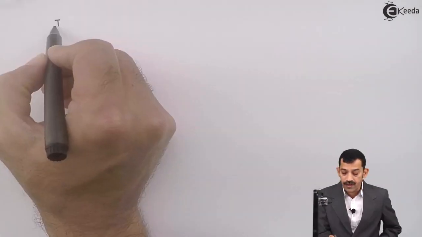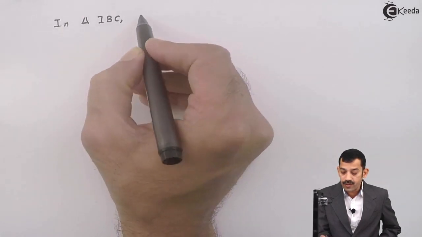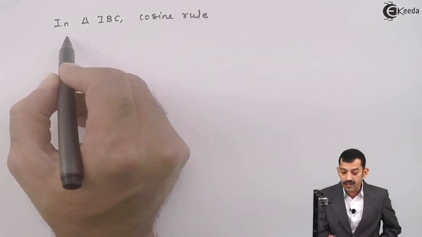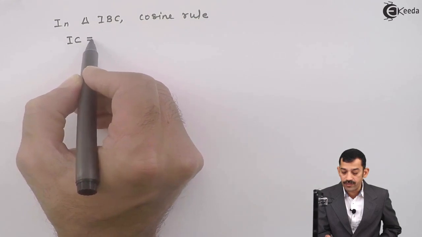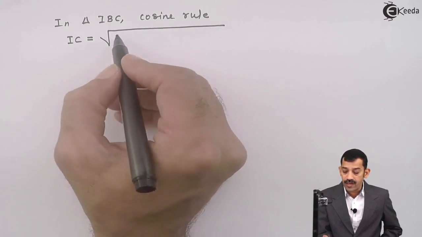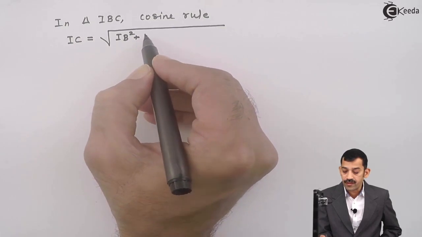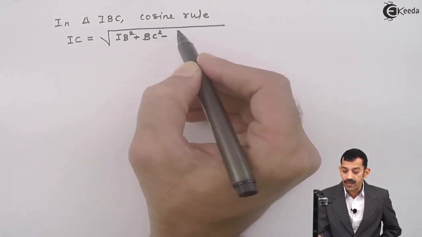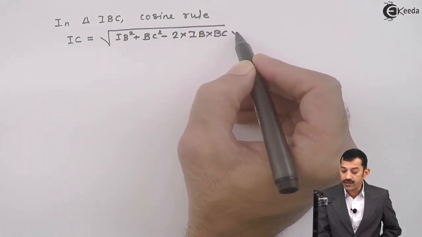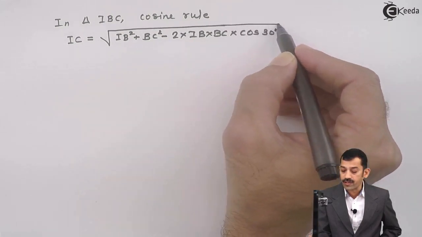Therefore, in triangle IBC, using cosine rule, this length IC is equal to square root of, these two lengths are known, IB and BC. Therefore, IB square plus BC square minus 2 times IB into BC into cos of angle between these two lines, where angle is 30 degree, therefore cos of 30 degree.